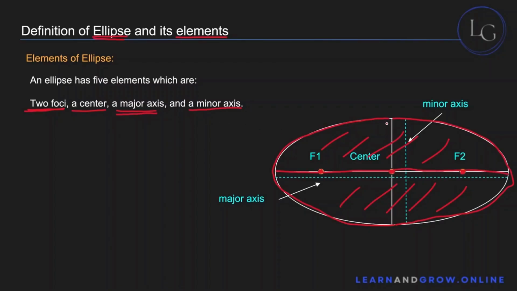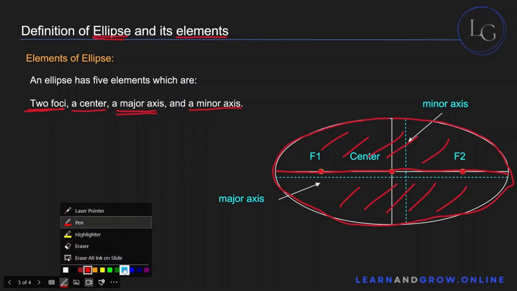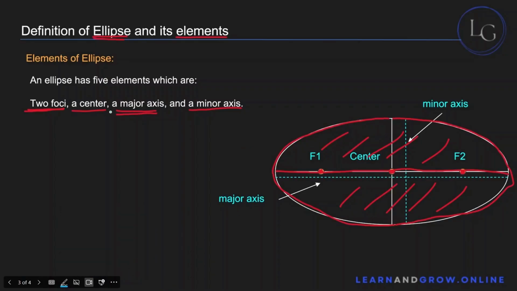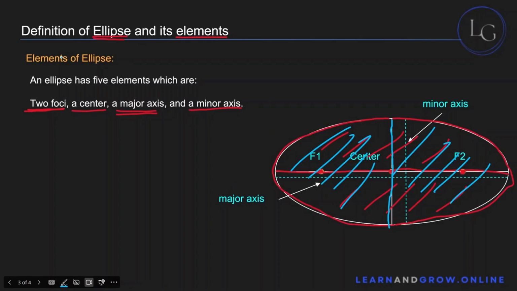And the axis that divides it, well, let me just change color to explain it better. Okay, the axis that divides it into this half and this half is called the minor axis. And that's really all you need to know about an ellipse.